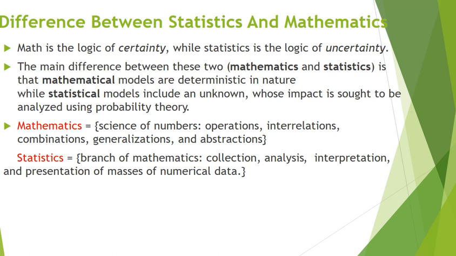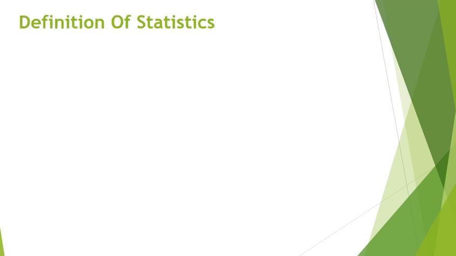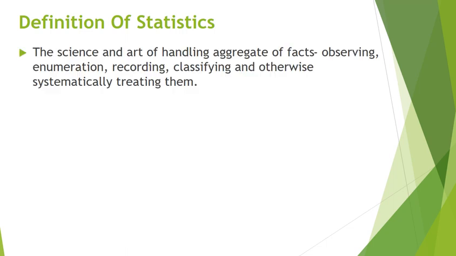Mathematics is the science of numbers, operations, interrelations, combinations, generalizations, and abstractions, whereas statistics is the branch of mathematics dealing with analysis, interpretation, and presentation of numerical data. Definition of statistics.